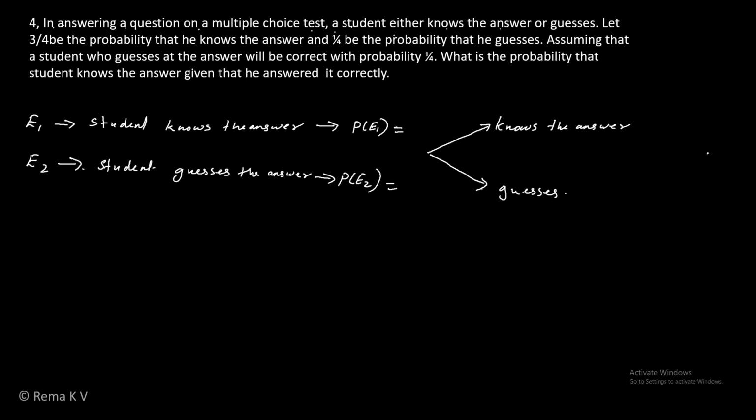Read the question, it is given in the question. Let 3 by 4 be the probability that he knows the answer and 1 by 4 be the probability that he guesses. It is directly given in the question. Probability that he knows the answer is 3 by 4 and probability that he guesses the answer is 1 by 4.